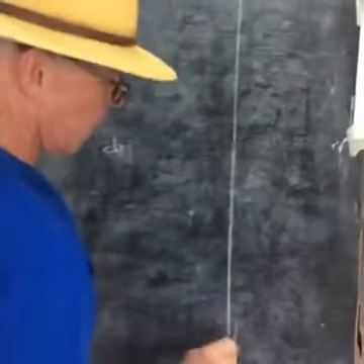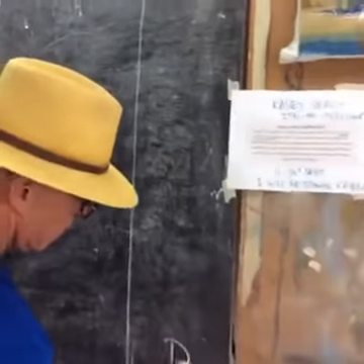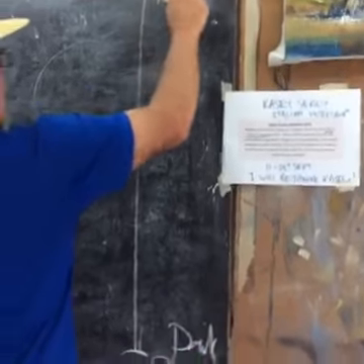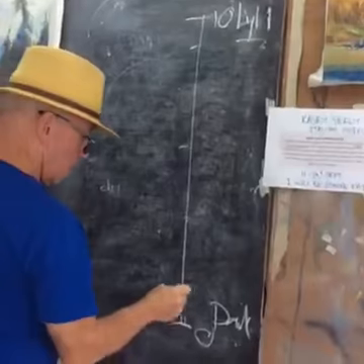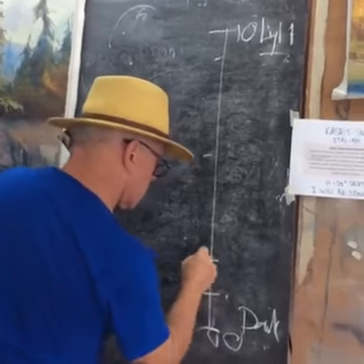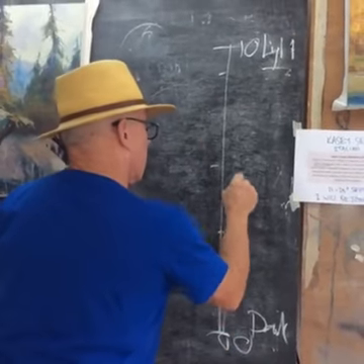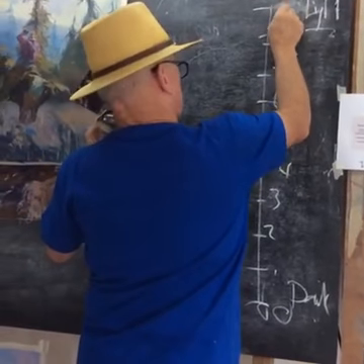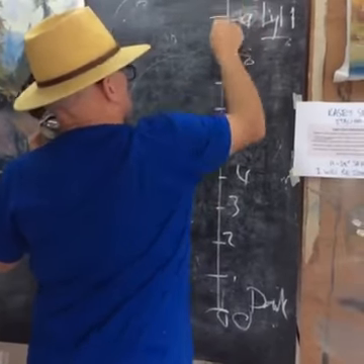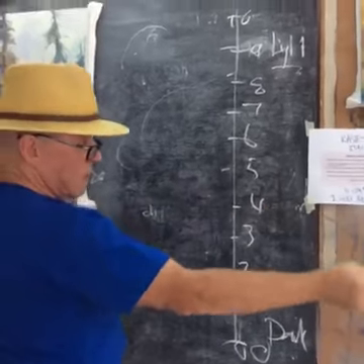So there's our value range, again, 10 to 0. Darkest, lightest, right? 0, 1, 2, 3, 4, 5, 6, 7, 8, 9, 10. Okay? What have we done so far?